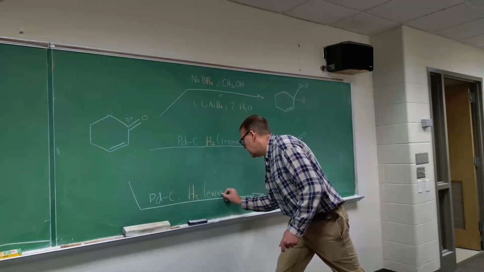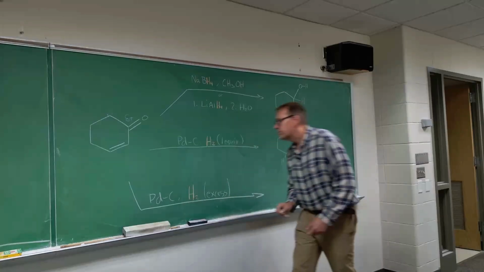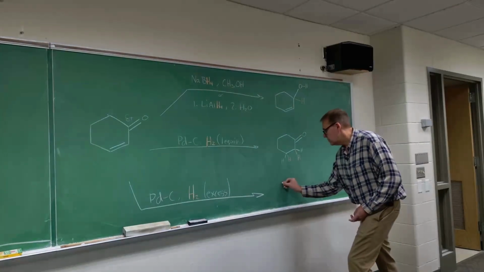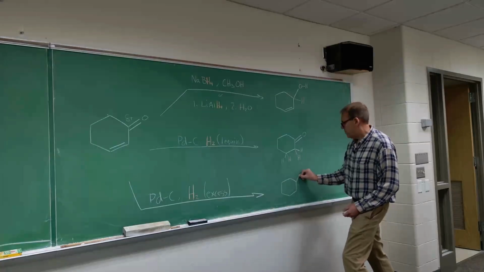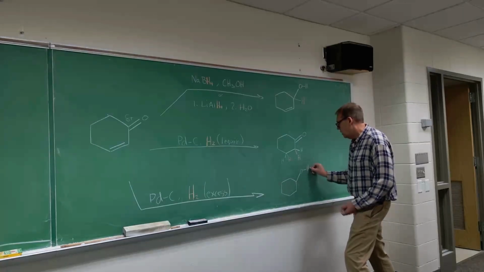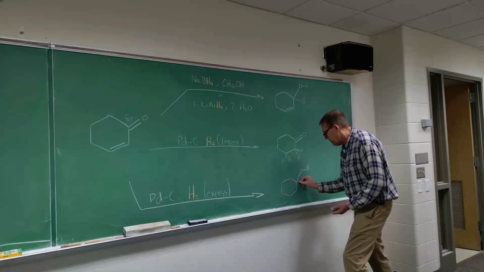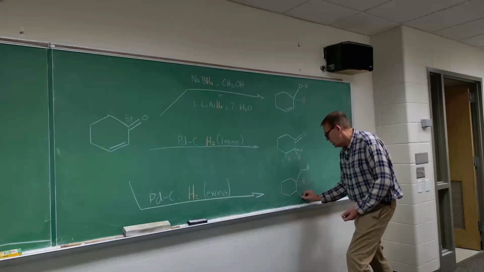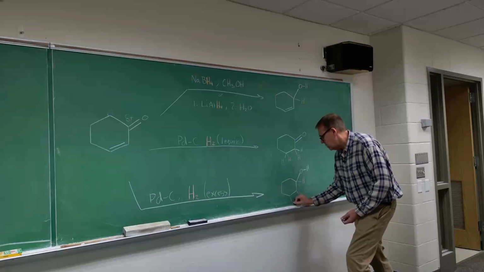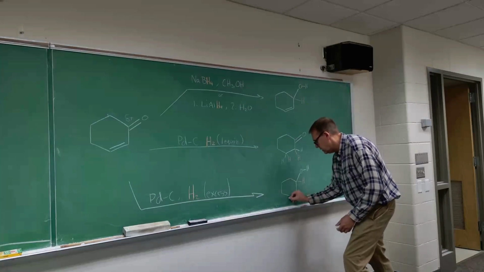And just let the reaction go until both double bonds get reduced. And in that case, you would get both an alcohol and the alkene portion getting reduced to an alkane.